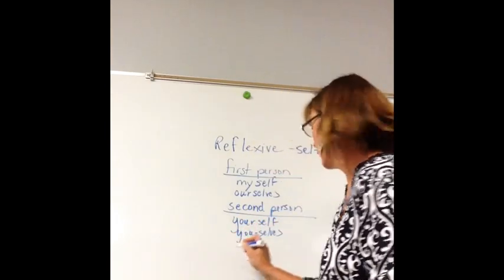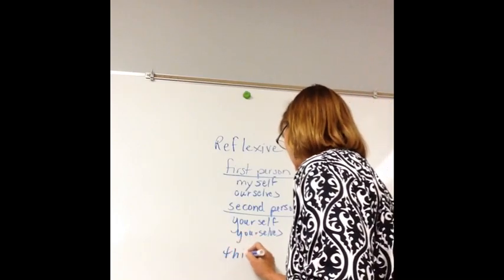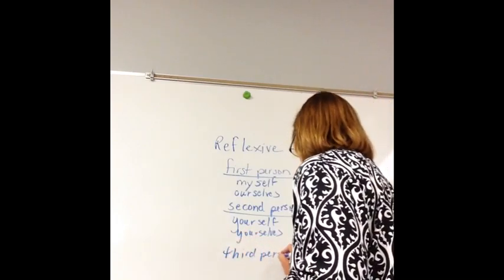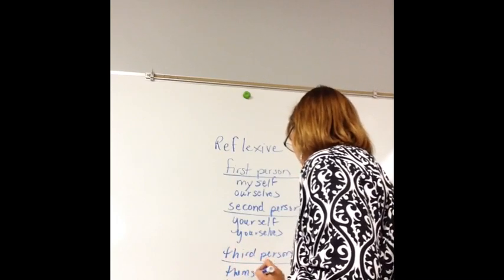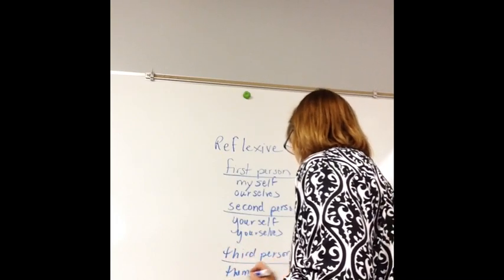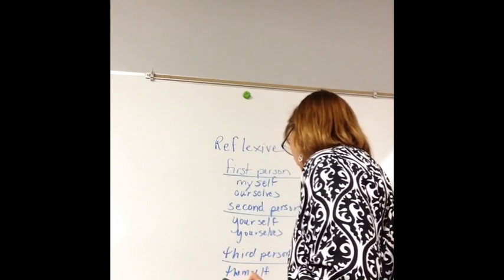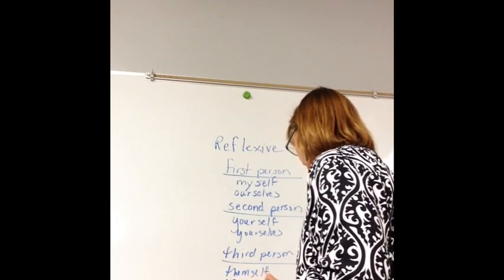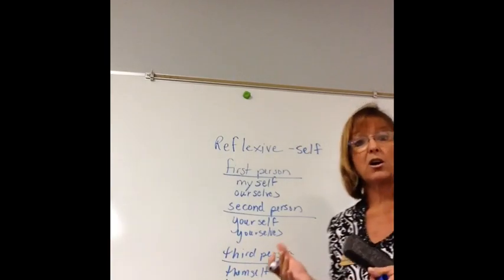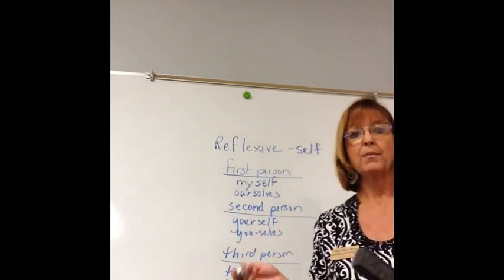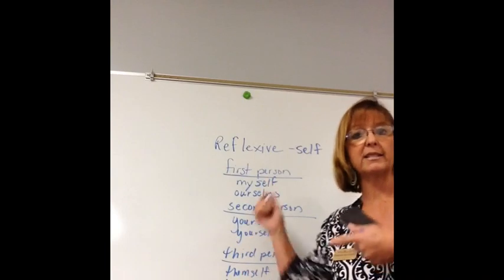And then we have third person reflexive pronouns, themselves, himself. All right? So I always call these my selfie pronouns because they all end in self, and it's an easy way to remember them.